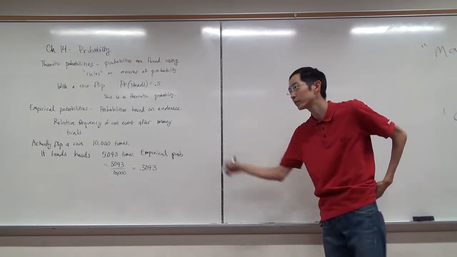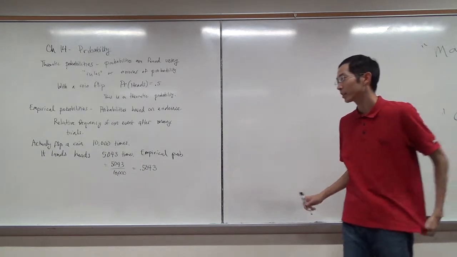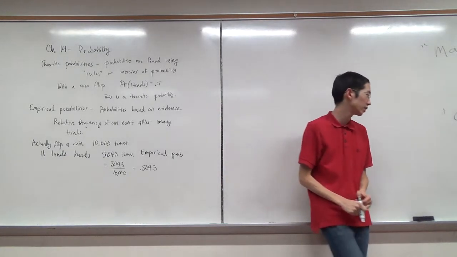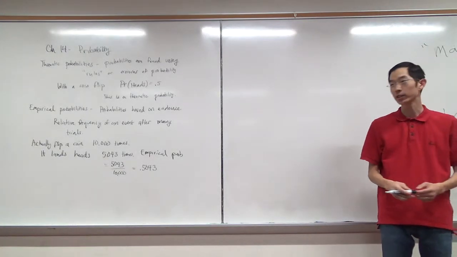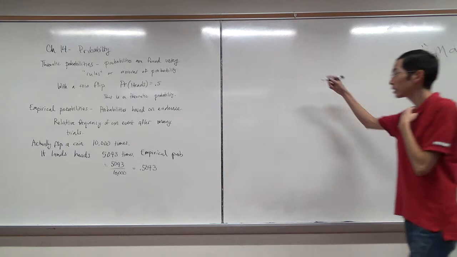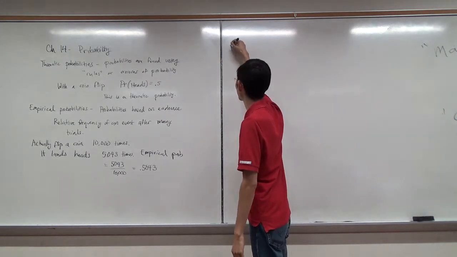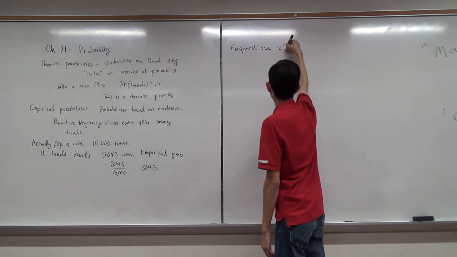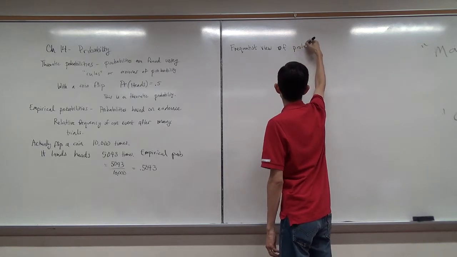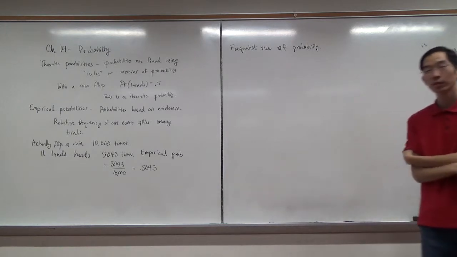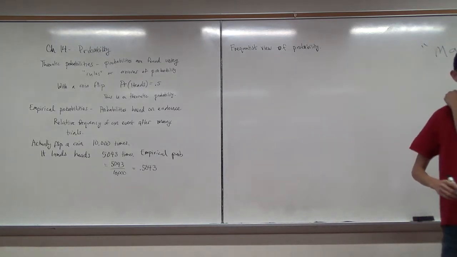When we're talking about a theoretic probability, and I say that the probability of an event, such as the coin landing heads, is equal to 0.5, what exactly are we referring to? Yeah, so in our class we take on what we call the frequentist view of probability.